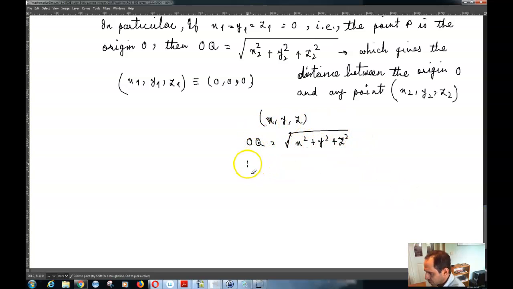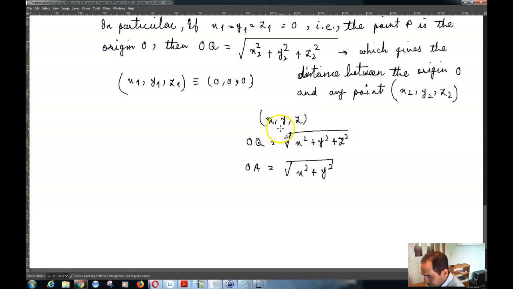In 2D space, the distance OA from the origin to any point A was the square root of x squared plus y squared. We use this a lot in figuring out equations for parabolas, hyperbolas, the circle, the ellipse, and so on and so forth.